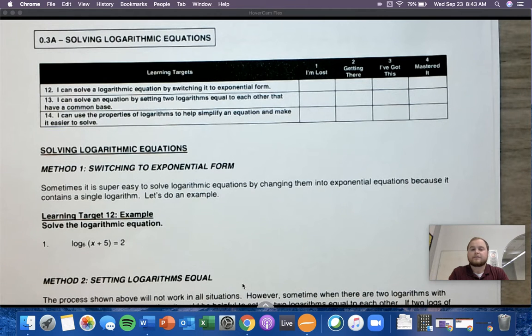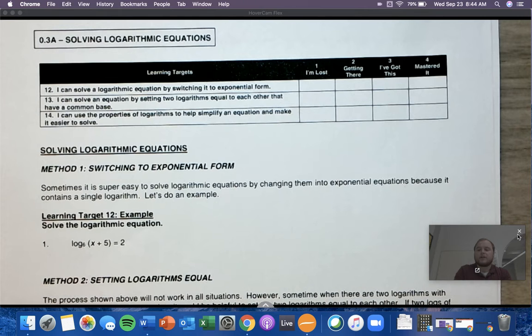We did that the other day in our skill builders, except with exponentials with the same base, so we used that to solve for the exponents. And number 14 is I can use the properties of logarithms to help simplify an equation and make it easier to solve. We just learned the properties of logarithms, and today we're going to apply them to solve equations.